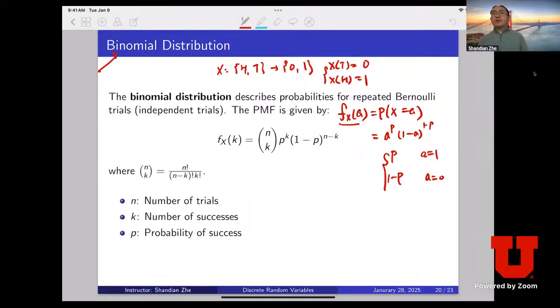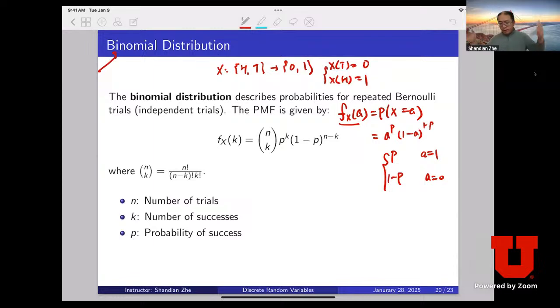Then under this case, we would like to know how many times in total I could see heads up, right? In a more general sense, suppose you do an experiment multiple times, independently. Each time your experiment gives you either success or failure, right? Success means 1, failure means 0. And after you do this for 100 times, how many successes can you get in total? Maybe 50, maybe 60, whatever, right?